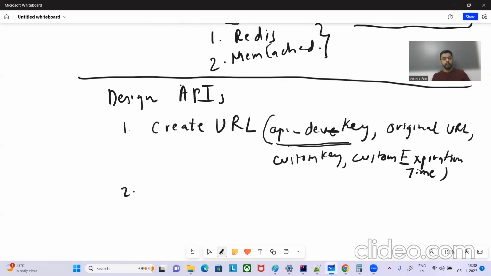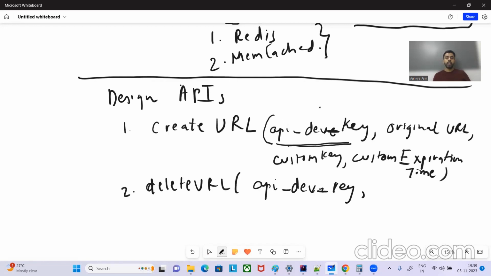The second API can be delete URL, if a user wants to delete a URL they created. Again, the API dev key will be one of the parameters to authenticate the user, and the second would be the short URL generated by the system which the user wants to delete.